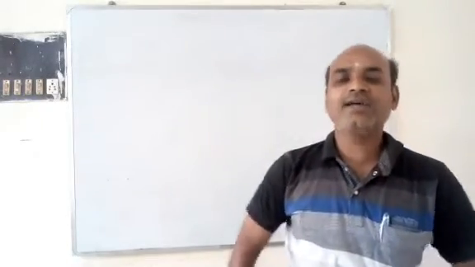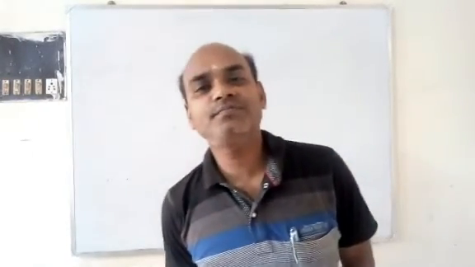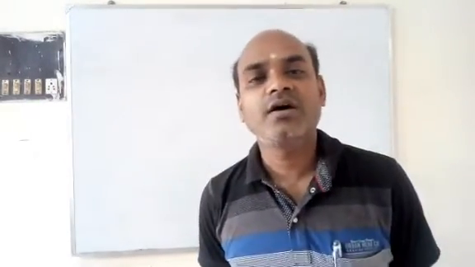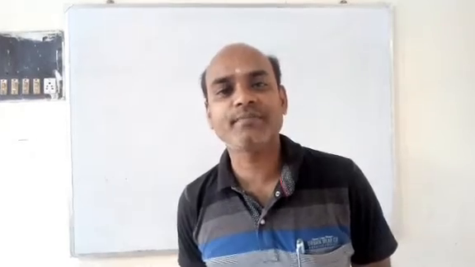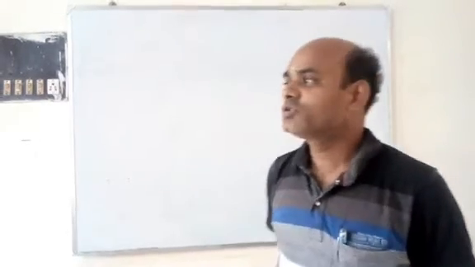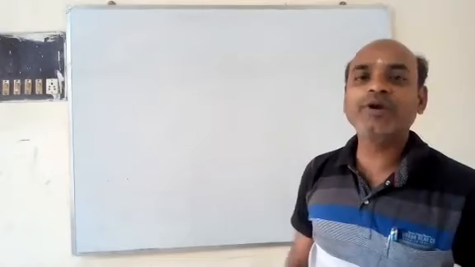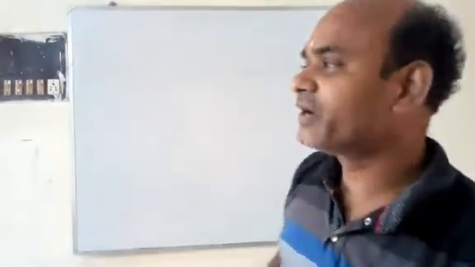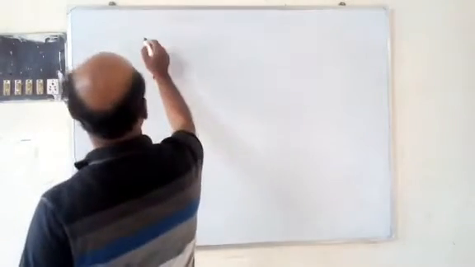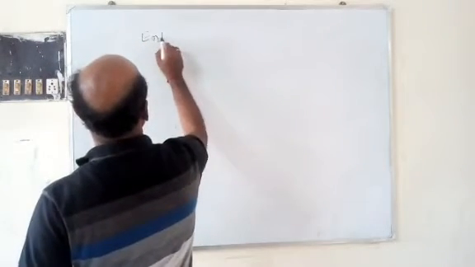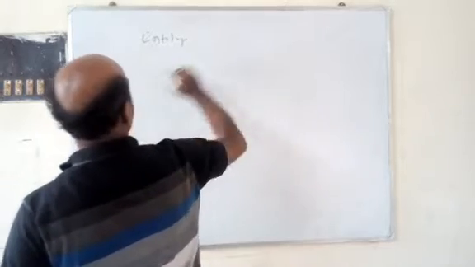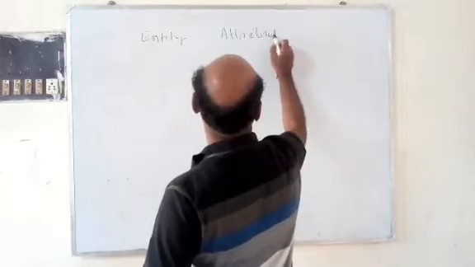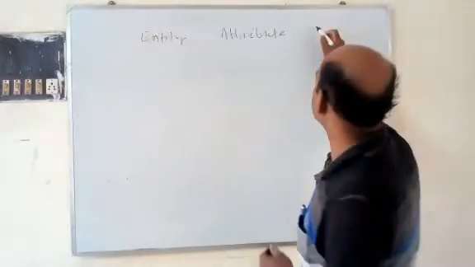In the last class, we discussed the ER diagram and its different components. Three basic important components were discussed: entity, attribute, and relationship.